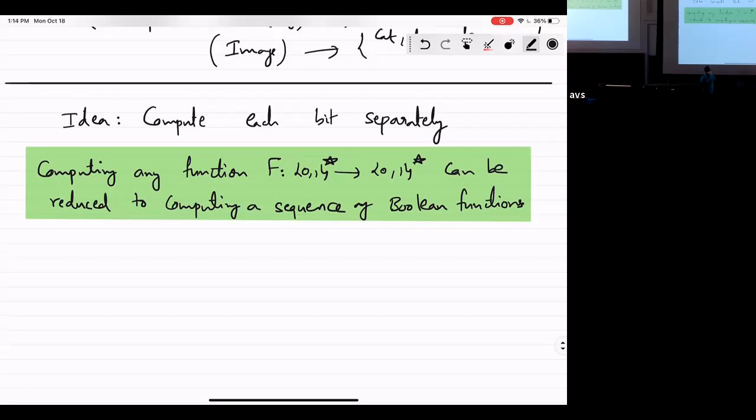So in principle, the idea of computing each bit works, but you have to be a little bit more careful than when we were doing circuits, because we didn't have a pre-specified bound on the output length. Okay. But I want to say that you can reduce this to computing a sequence of Boolean functions, right? Somehow I can iteratively compute a Boolean function to mimic the same behavior. Okay. How can I do that?